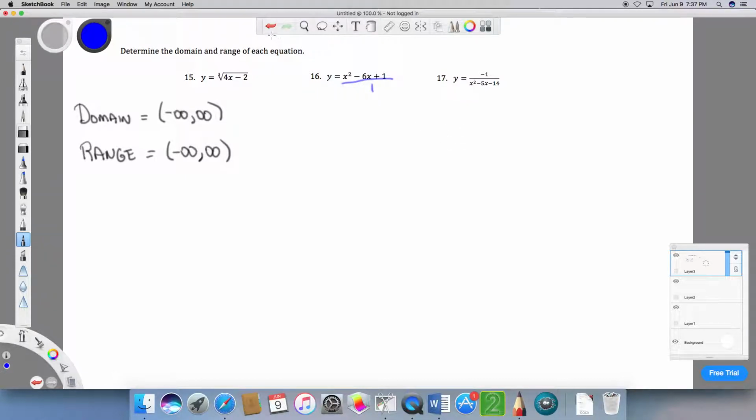I don't have to worry about division by 0. You also have to exclude any values that would cause you to take the square root or any even root of a negative number. Well, we don't have any square roots in this equation, so we don't have to worry about that. So the domain is all real numbers.